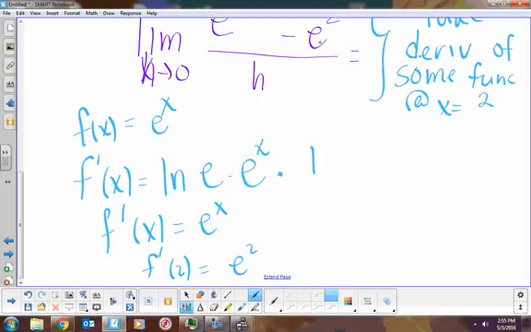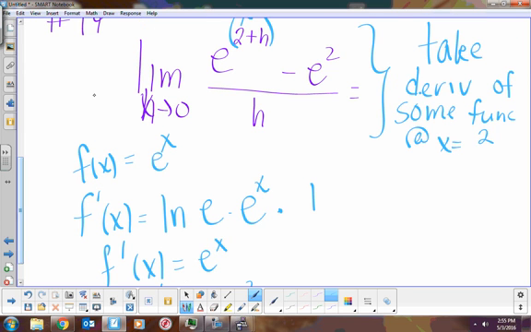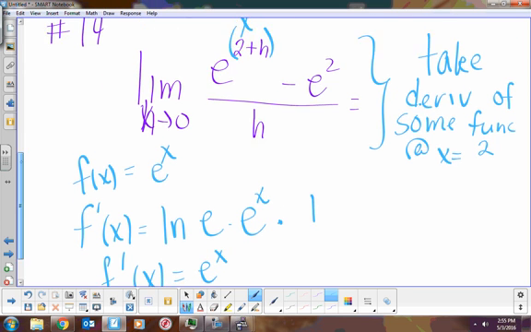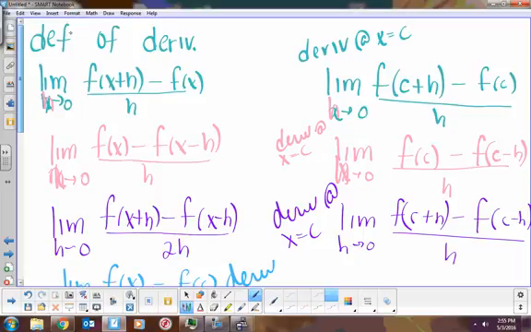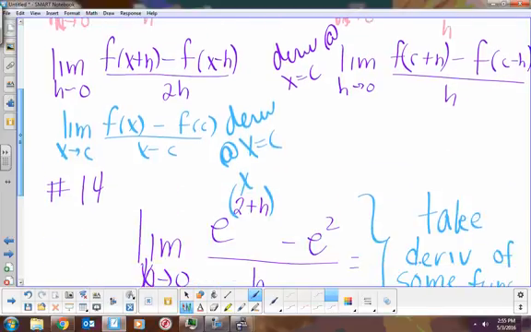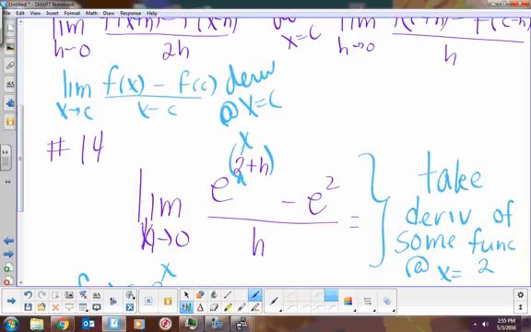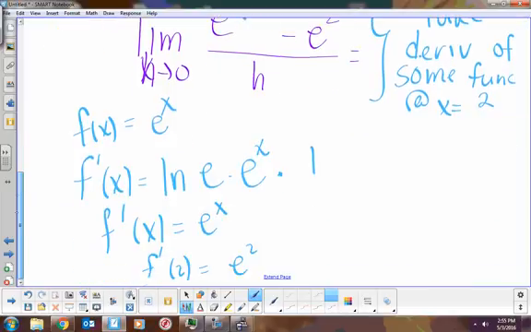Because they're asking you specifically, this whole thing right here is saying take the limit of a function at x equal 2. Let's come up here. Do you see that x? It got replaced with c. It's the derivative at x equals c. So when we come down here, that x is 2. Okay? Are you there? Are you on MC 71, number 18?